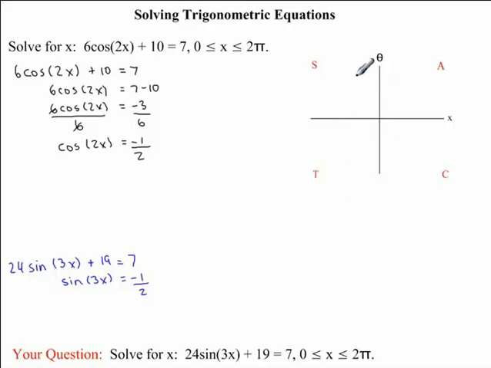This is because in our second quadrant, the S indicates that the trigonometric ratio for only the sine function will be positive. That means that the trigonometric ratio for both cos and tan are negative. And this is exactly what we have, a negative trigonometric ratio for cos.